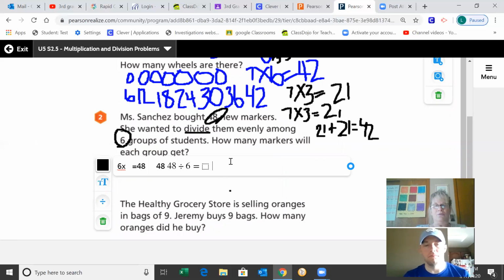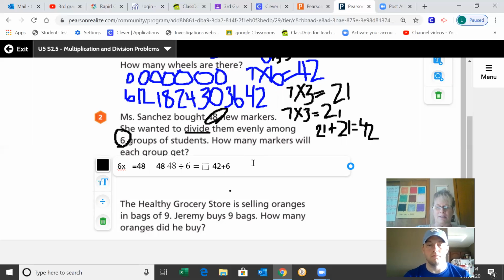Okay, well, I can do the same thing where we're trying to find the missing factor, and we can skip count if we need to up to 48. So now on this one, you noticed that we were skip counting by 6s, and we did 6 times 7. Well, what if we did one more, 42 plus 6?